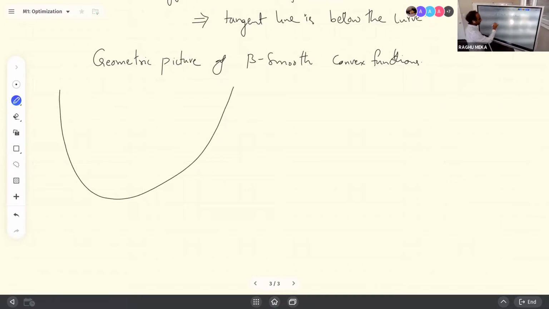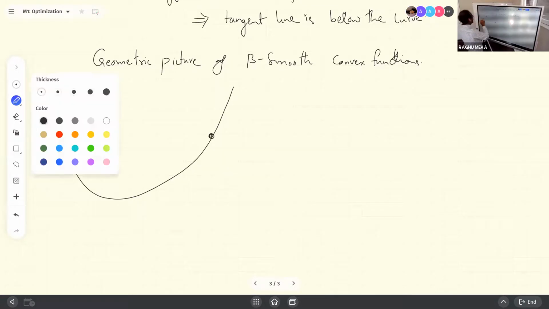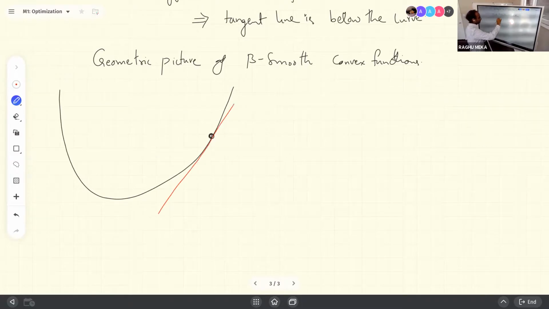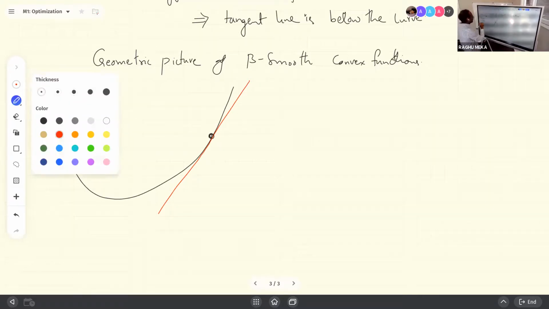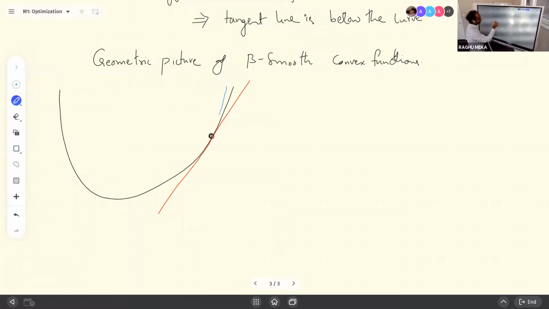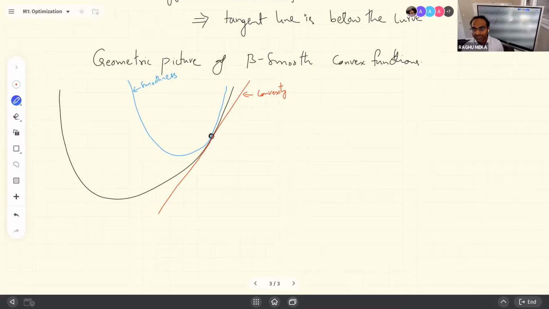Okay, and at every point, if I draw the tangent line, that's going to be below the curve everywhere. And I also have a parabola that I can draw, which comes from smoothness. Okay, does this make sense?